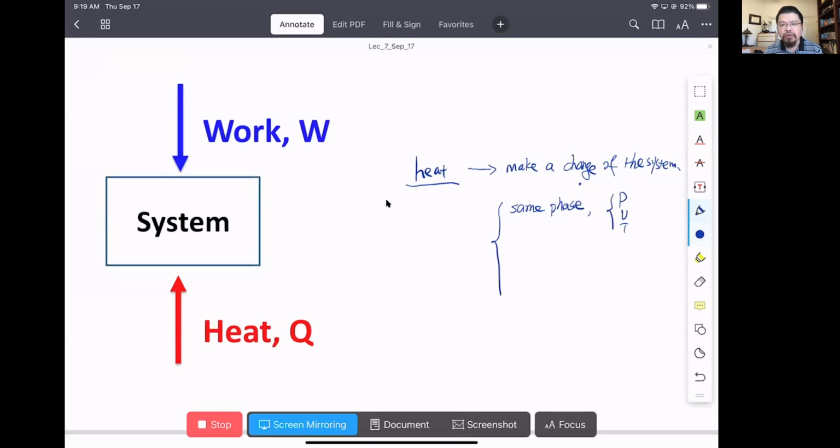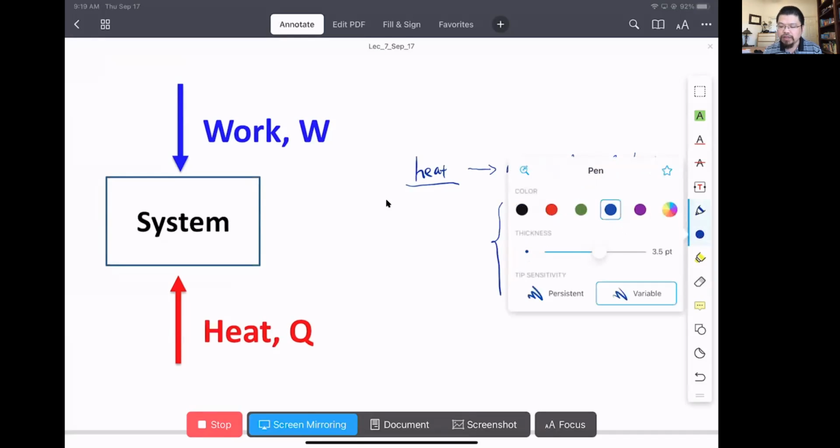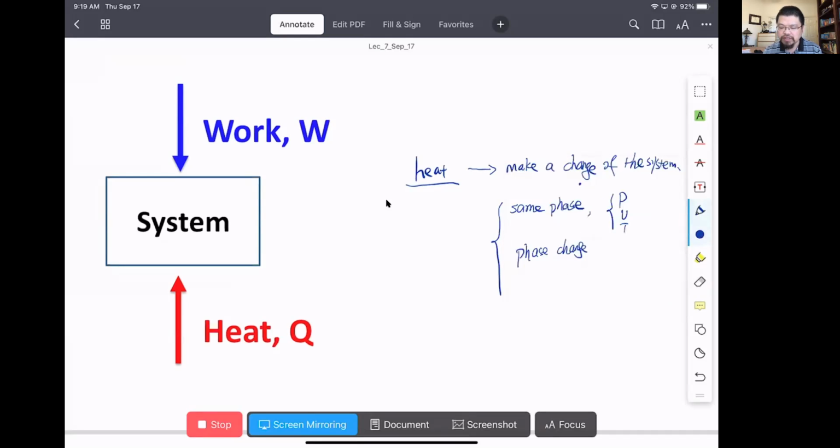The other is that we are going to drive a phase change, for example vaporization. If we input enough energy to a liquid phase, then we drive the transformation from liquid to vapor or gas phase.